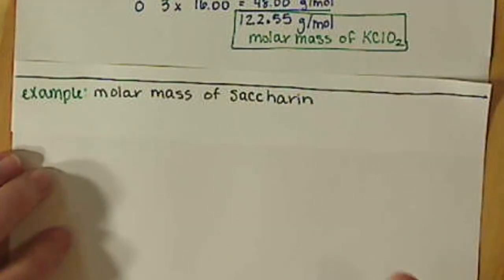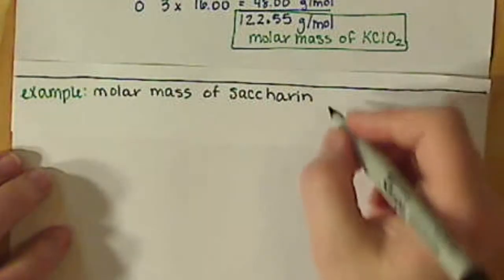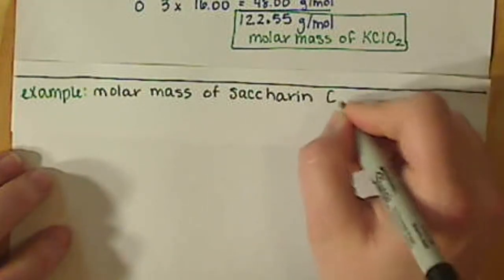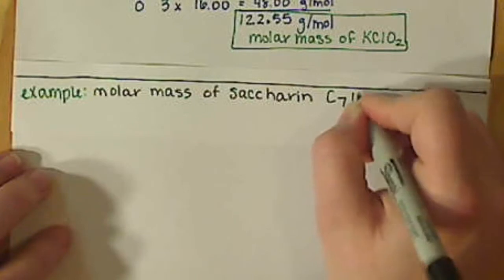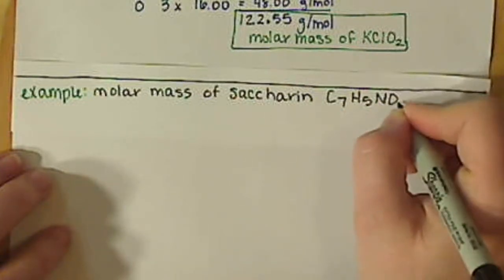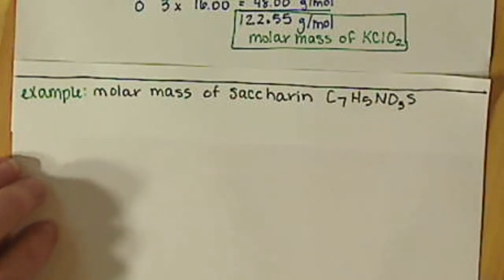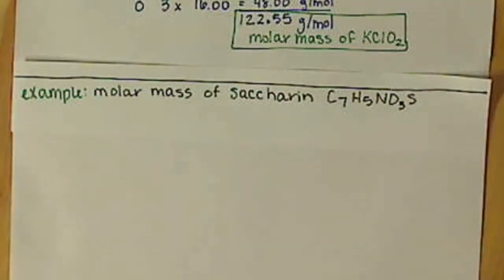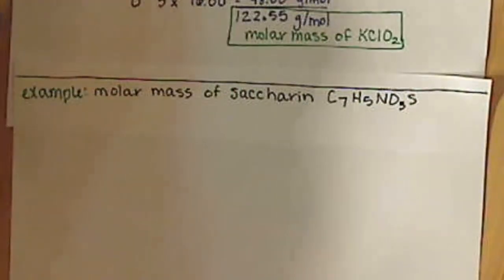Again, don't expect you to know that formula, but I will let you know it's C7H5NO3S. That's a big one. Go ahead and try that on your own. So pause the video, and then I will have your solutions when you come back.